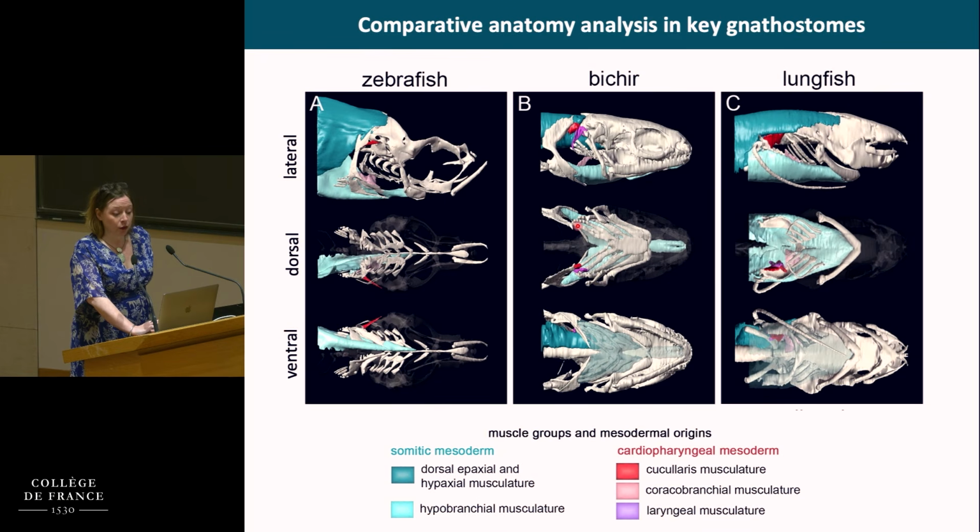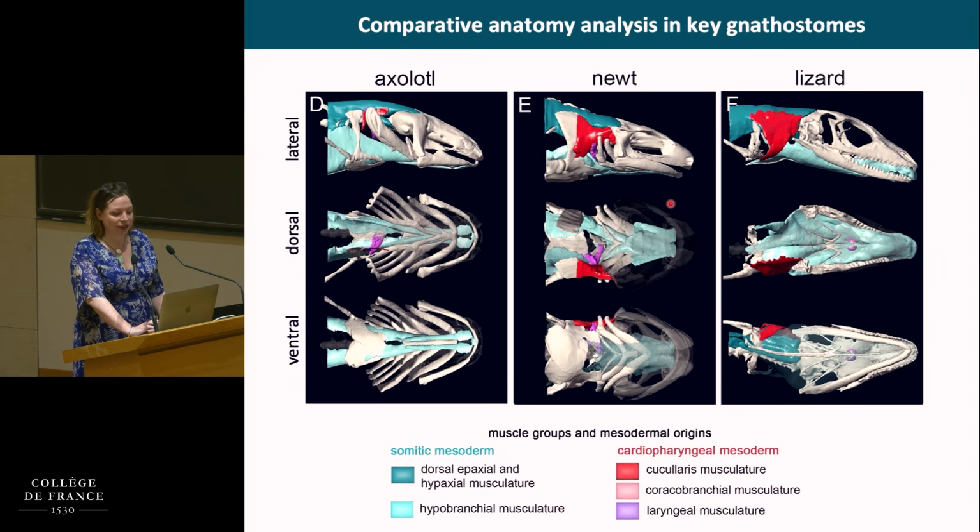We also reconstructed the cucullaris muscles and the laryngeal musculature that we know from our data collected in mouse and zebrafish are of cardiopharyngeal mesoderm origin. So you can see here lateral, dorsal, and ventral views of the zebrafish, bichir, and lungfish, and here of the axolotl, newt, and lizard.